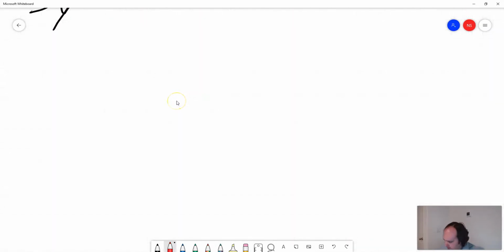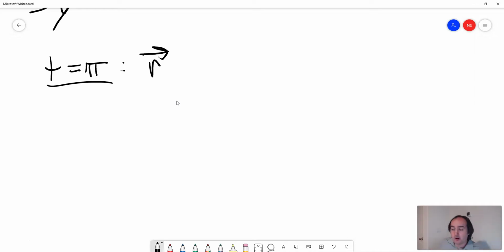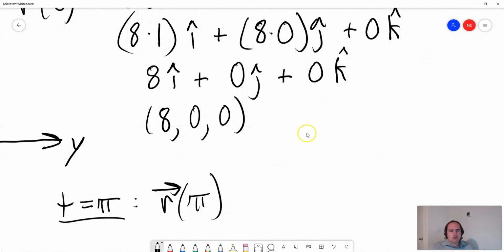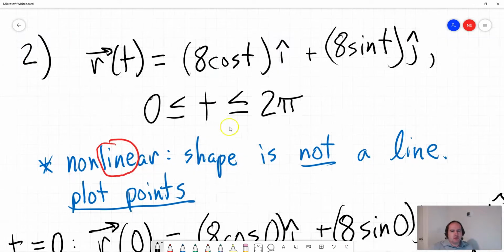Okay, so over here, when t equals pi, we're going to be doing r of pi. So our function r was 8 times cosine of t i plus 8 sine of t j.